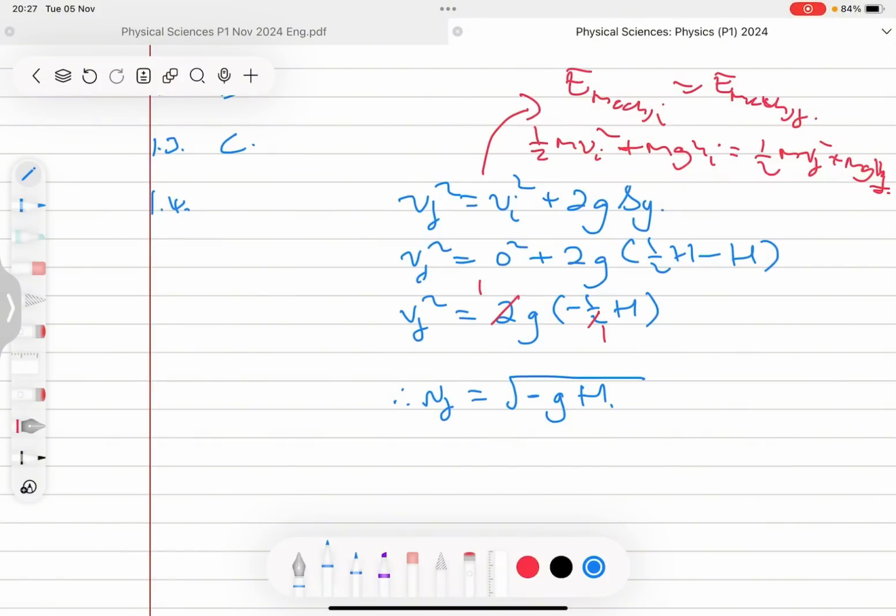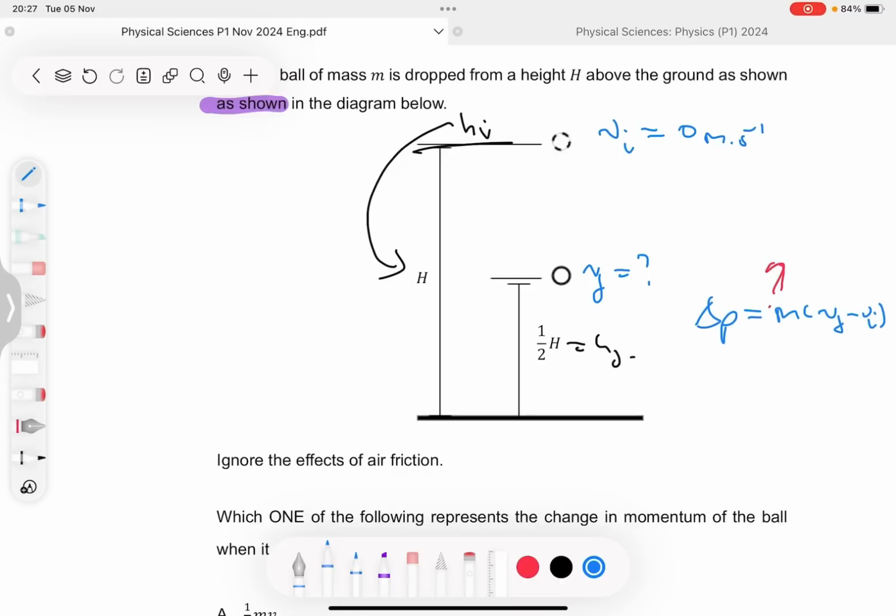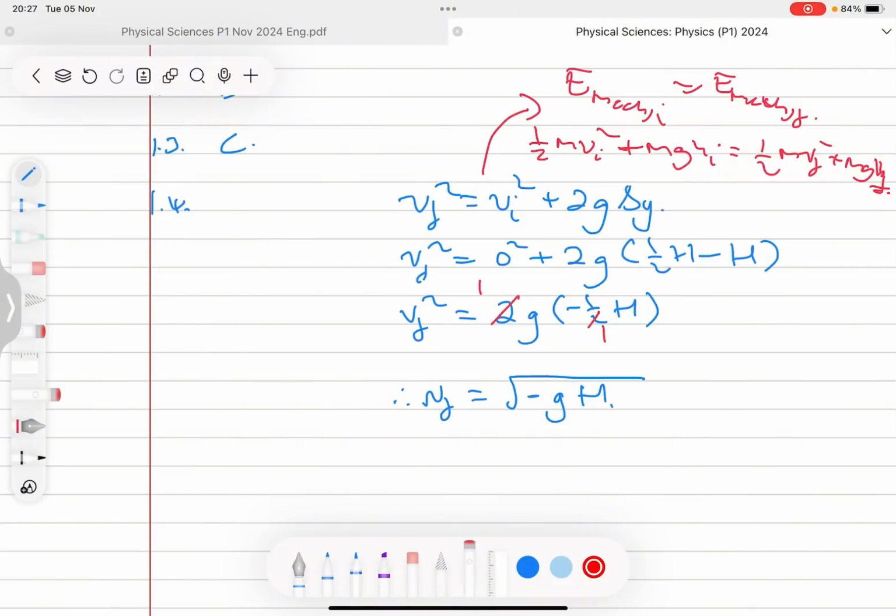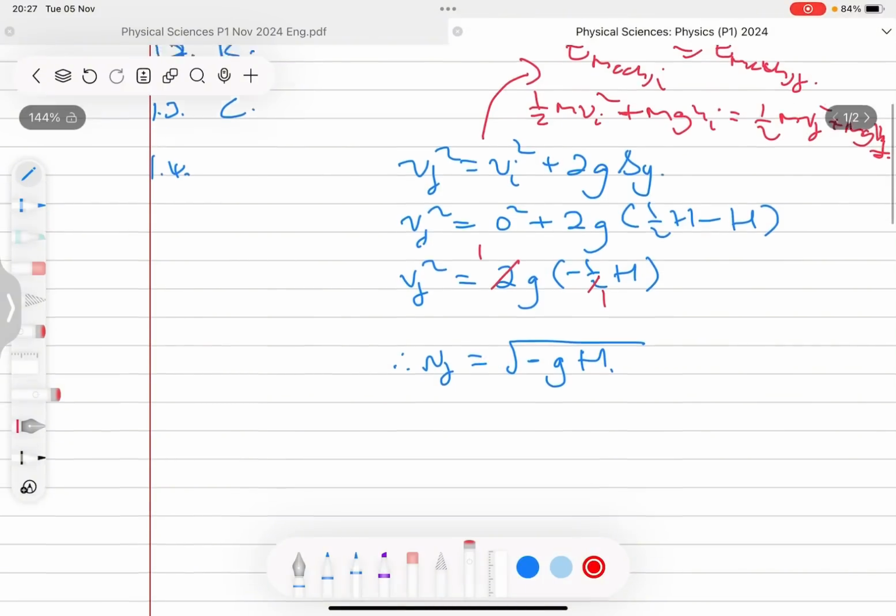That will be my final velocity. And remember, when you take a square root here, you can say plus or minus, right? But I won't do that because in this situation, I'm choosing down as positive, so that the velocity here comes out as positive. So I'm automatically taking the one that's positive. I'm avoiding working with negative. You can also take the negative, it will give you the correct answer.